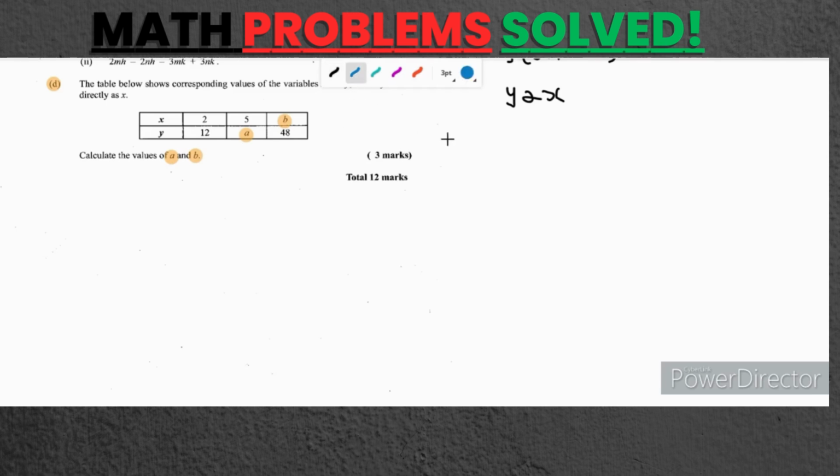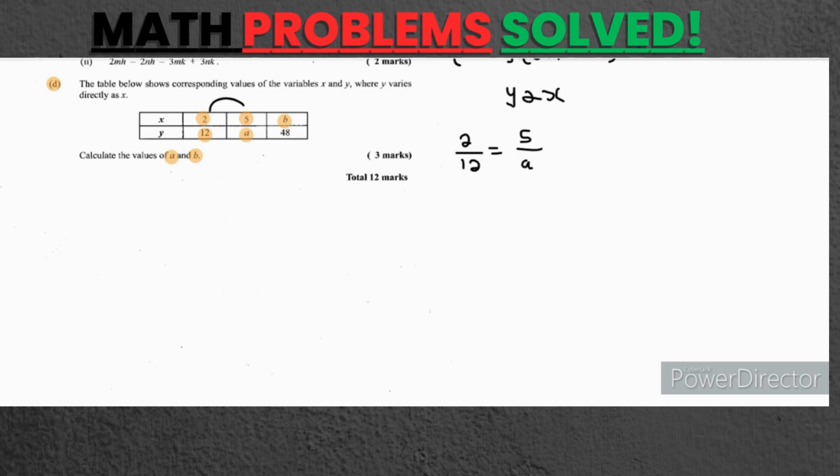So we can use the ratios, because x and y are directly proportional to each other. If you take the ratio of 2 and 12, it will be equal to 5 over a. So first of all, we will take these two columns. Here 2 over 12 will be equal to 5 over a, right?